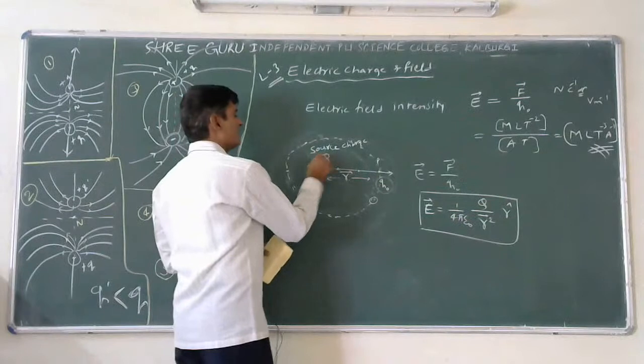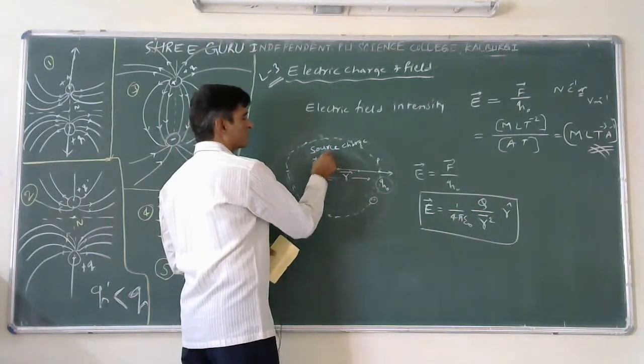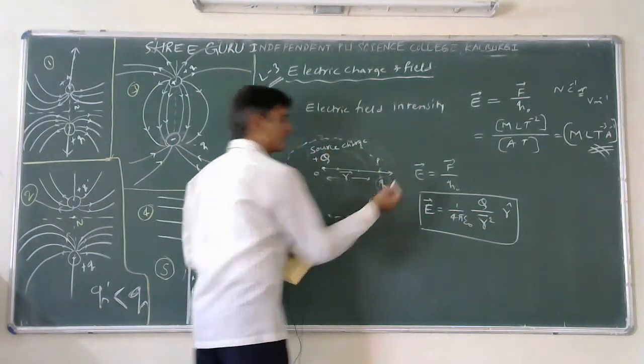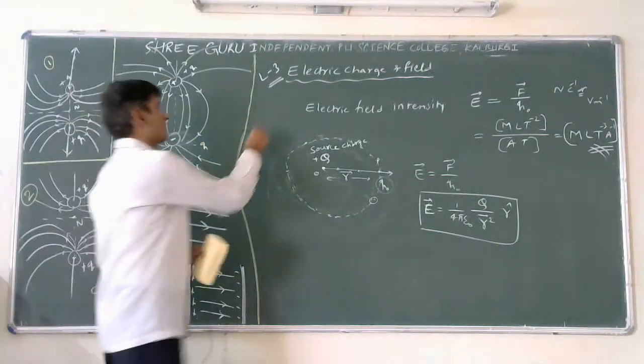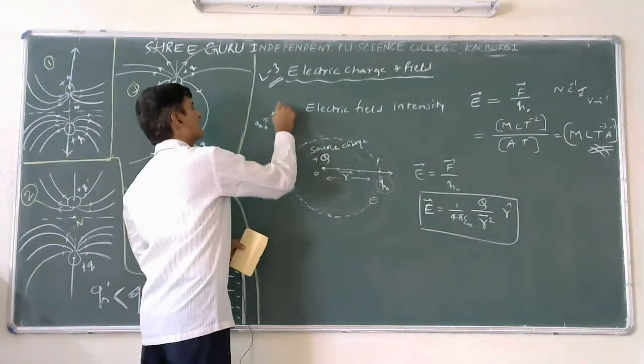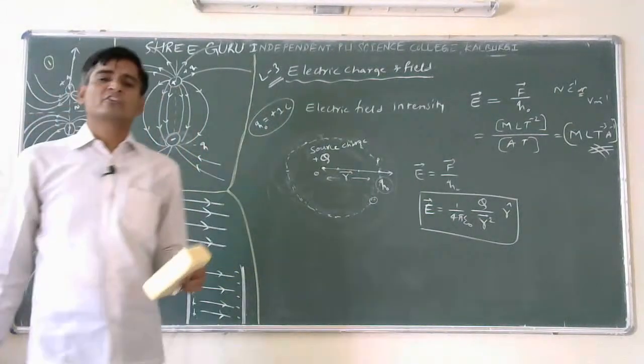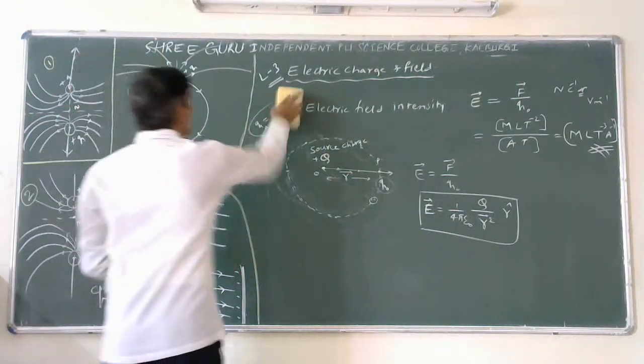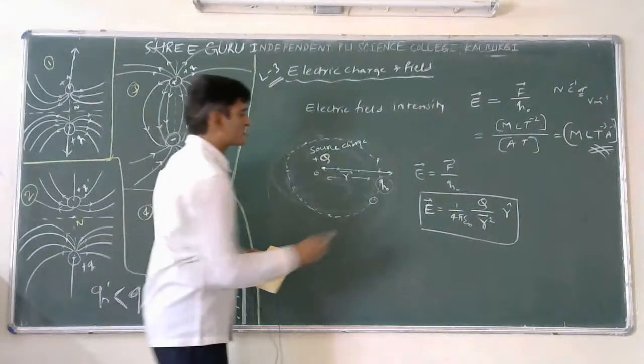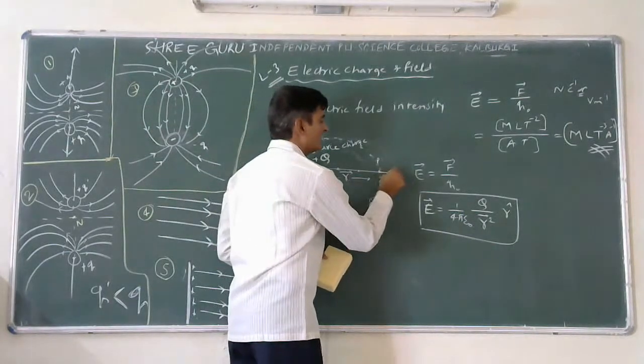Here, the source charge is a positive charge, and the test charge is always a positive charge. You know that. The test charge is always plus 1 coulomb. It is fixed. The test charge is always unit coulomb. Okay. So now, this positive test charge will experience a repulsive force.